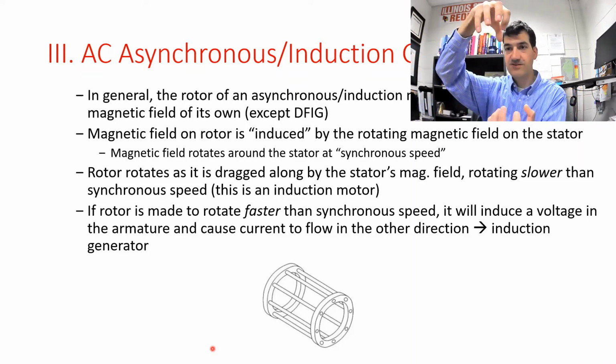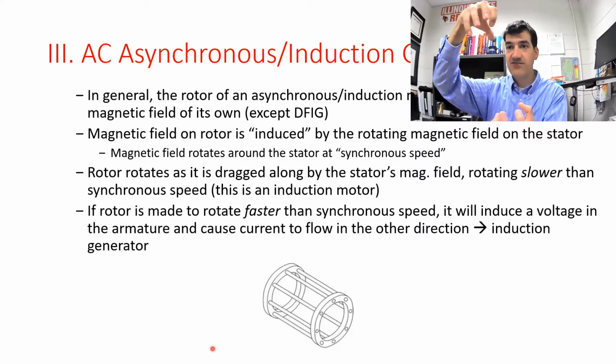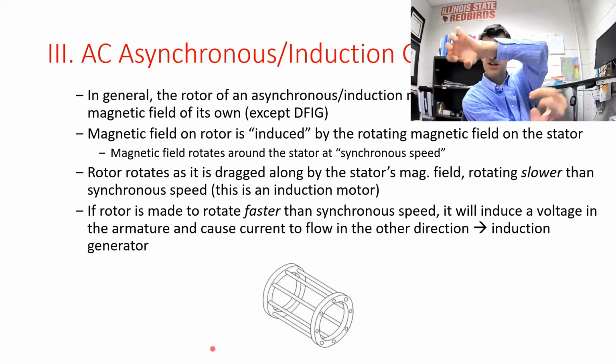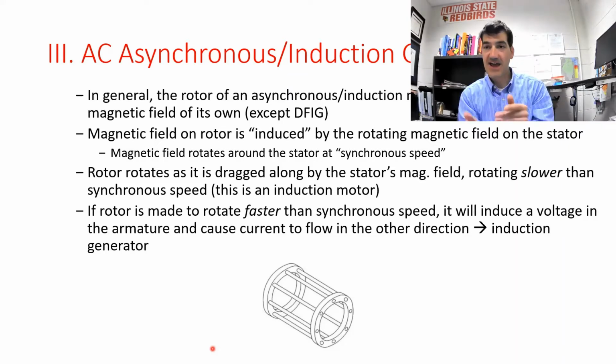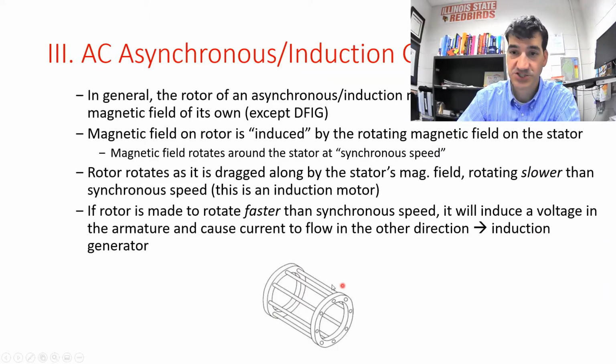If here's north and here's south, then as soon as I apply that voltage to the armature, I'm going to get a magnetic field that rotates around like this while I have that rotor inside. And what's going to happen is I'm actually going to induce a voltage inside this rotor.